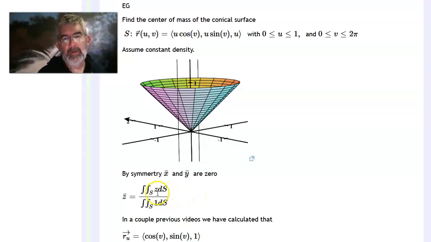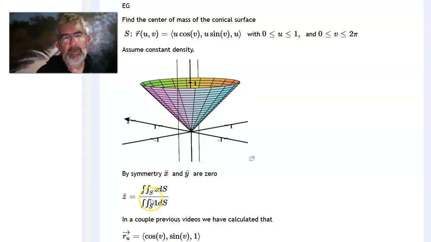But there are a lot of ways I think of this. I think this is the average z value. I'm taking an integral of z and then dividing by the integral of 1, so I'm getting the average value of z. But this integral in the numerator is a surface integral because the z is being multiplied by dS.